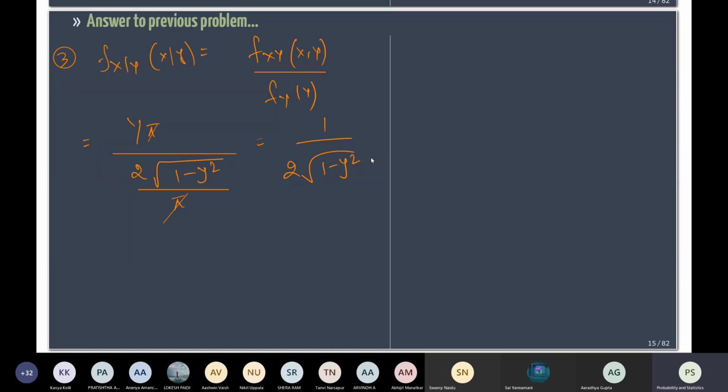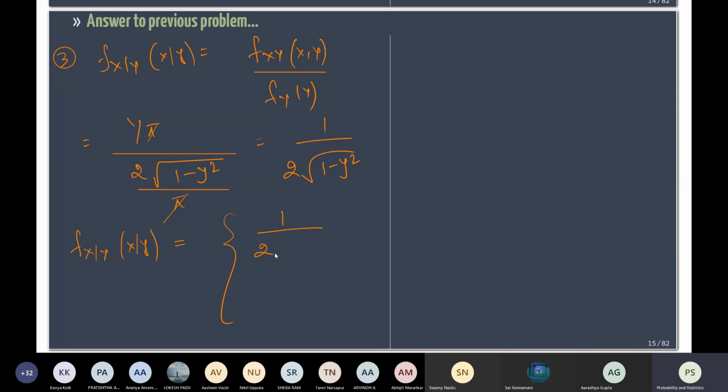Let us summarize this. Hence f_{X|Y}(x|y) is a function of y, since we always know that the conditional is a function of y.